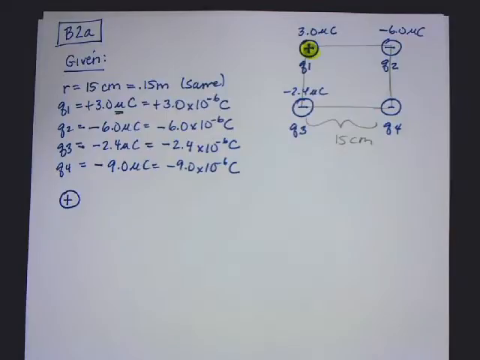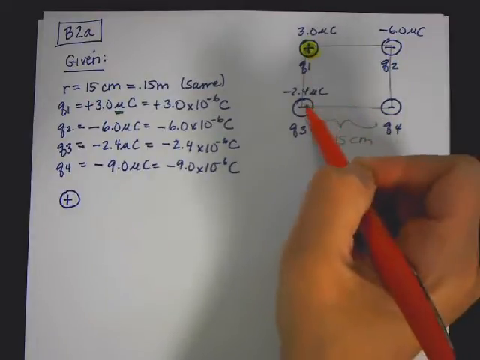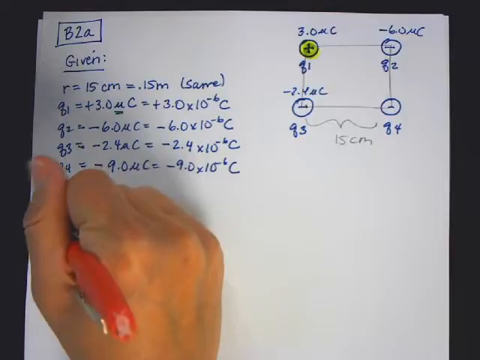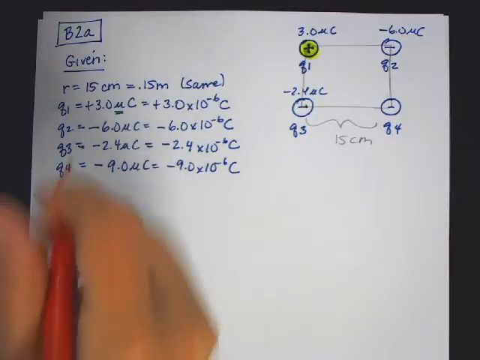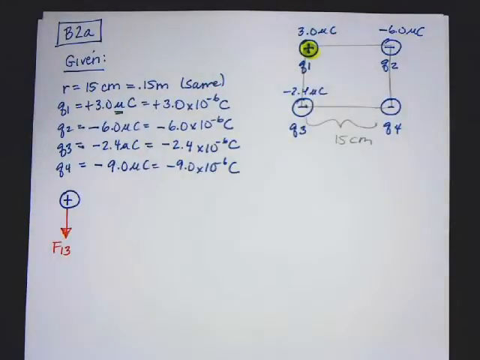Well, there's an electrostatic force that exists between this one and this one. That force, I'm going to call F13, because that's the force between Q1 and Q3.